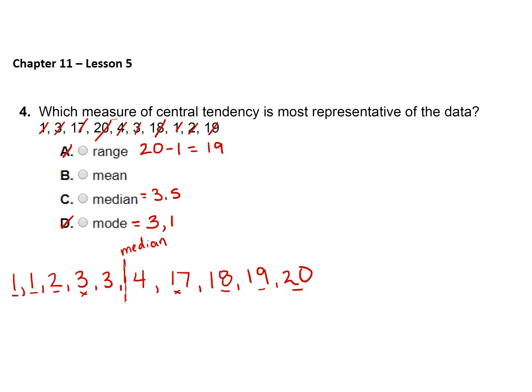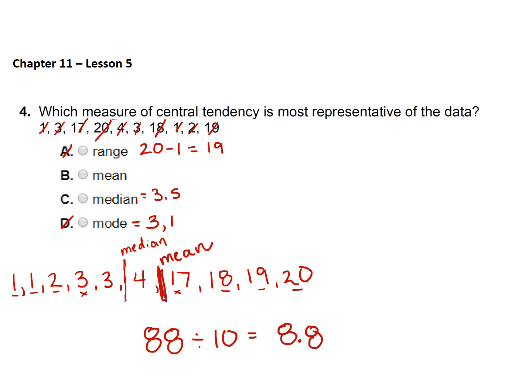Now we are going to find the mean. When I add up all of the data, I get 88. There are 10 pieces of data, so I can divide by 10, and that gives me 8.8. So the mean is right here.